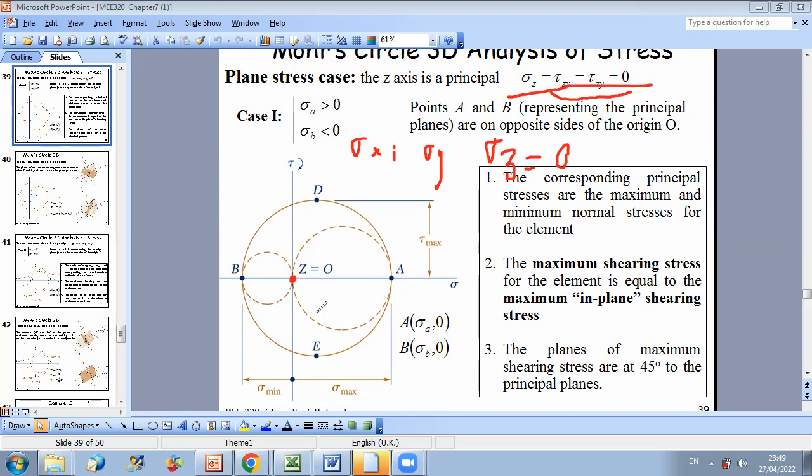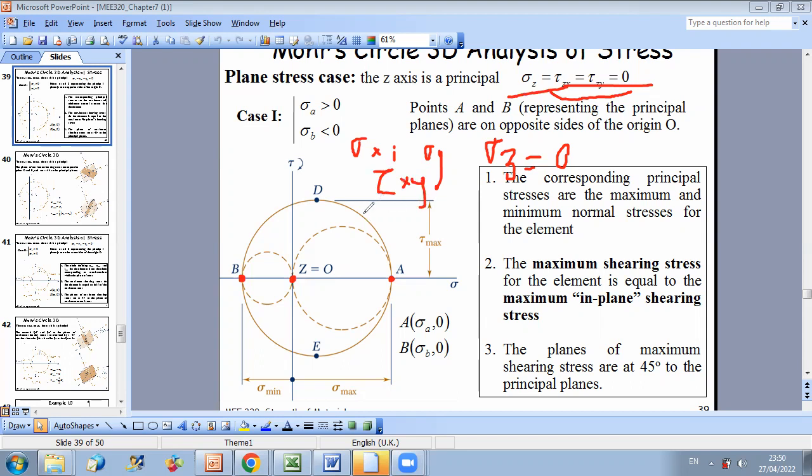So in this case, whenever we have a plane stress case, then in addition to the 2 points corresponding to the Mohr circle for the case of stress xy, so if I give you sigma x, sigma y, tau xy, you can draw this circle.